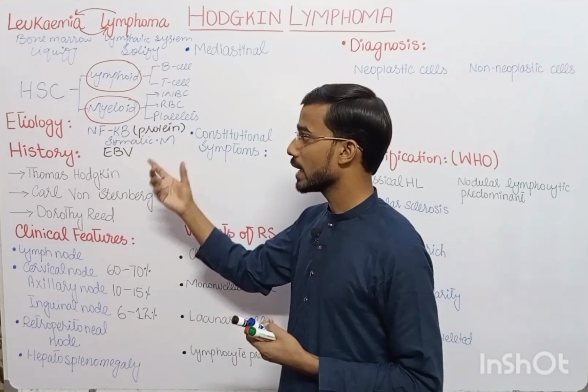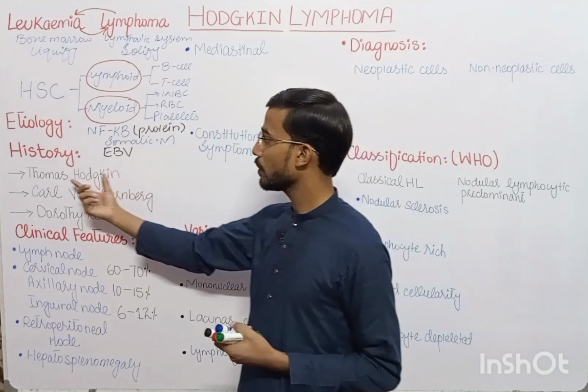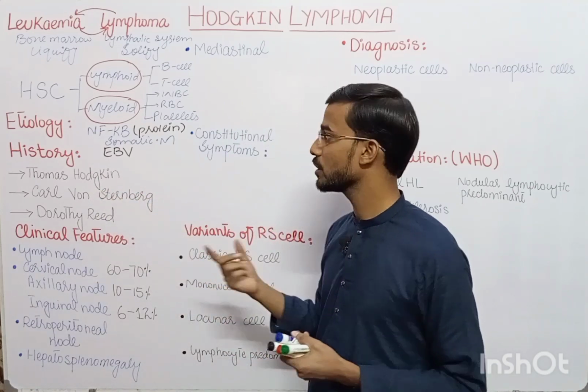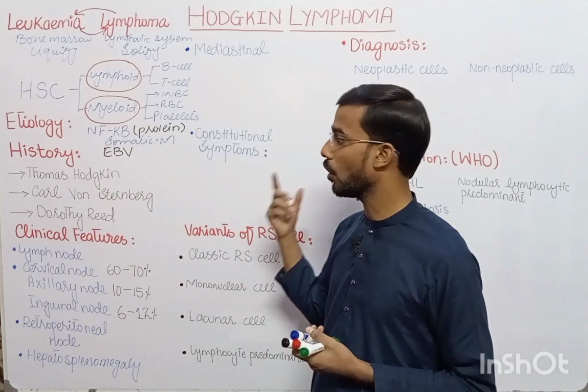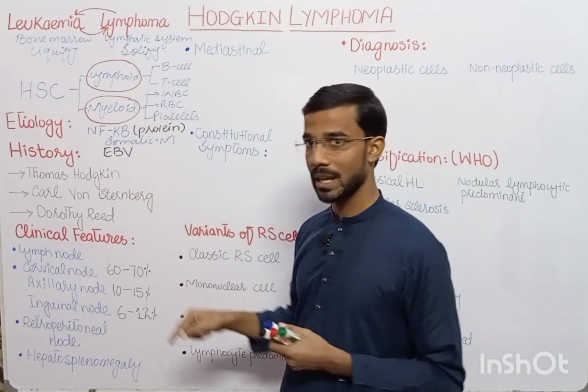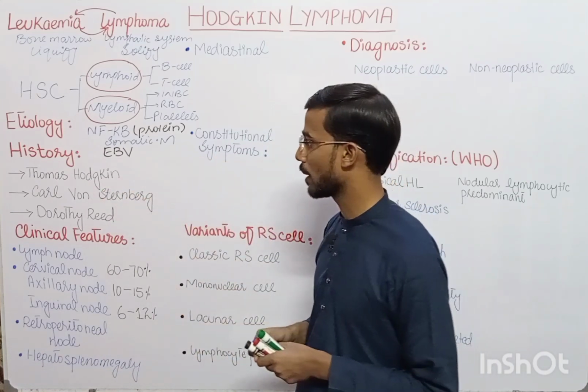If we talk about history, first of all Thomas Hodgkin identified or discovered the disease, called Hodgkin lymphoma. So on the basis of his name, we call it Hodgkin lymphoma.